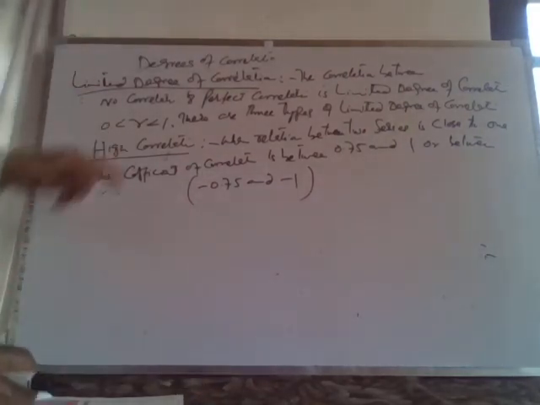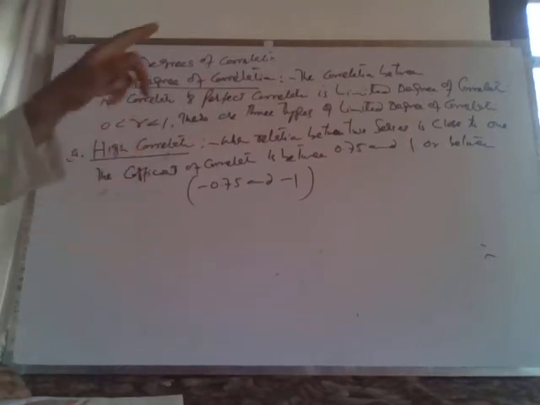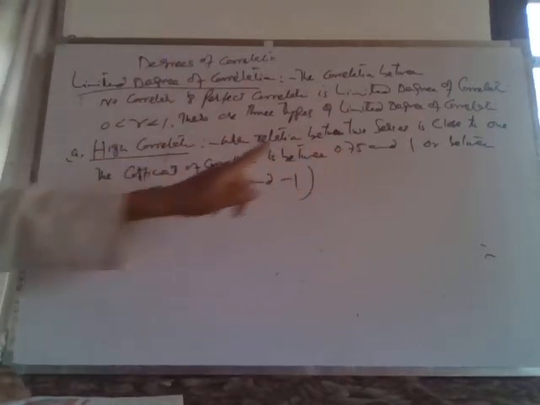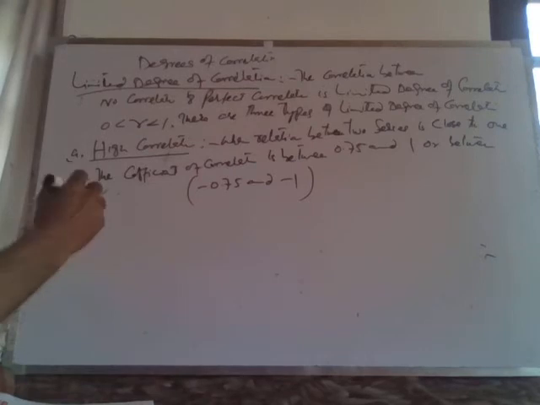So we have high correlation when correlation is close to 1. जब भी हमारा वैल्यू आएगा between 1 and 0.5 or minus 1 and minus 0.5, we have high degree of correlation. And the next is moderate correlation.